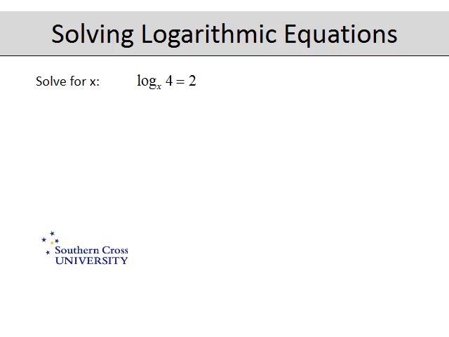In this video we're going to be solving some logarithmic equations, and the first one's fairly straightforward. We're just going to use the definition of a log to solve it. So starting with that definition, we're going to go that 4 is equal to x squared, and then we're going to take the square root of both sides, and so therefore x will be equal to plus or minus 2 in the first instance.